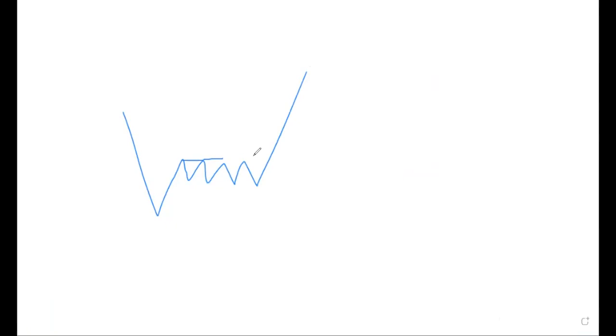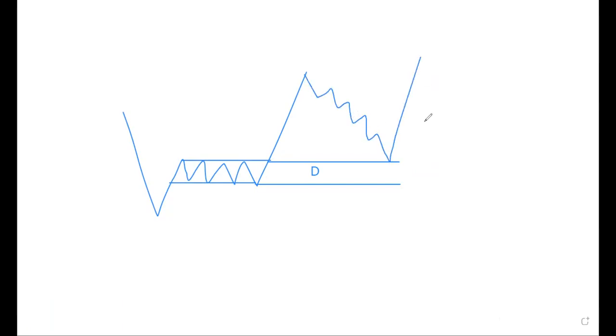What we do, we mark our demand zone, just mark it up until this side. This is our demand zone. I'll label it as D for the moment. You expect price to come back to this demand zone, touch it and then go up, right? We might have imbalance here. I hope you still remember what imbalances are.